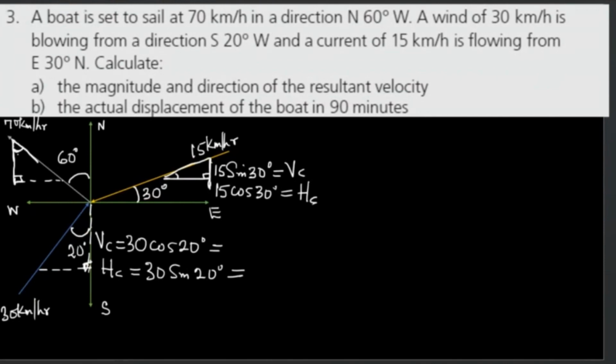So because adjacent is there, this is going to be cosine. It's going to be 70 cos 60 degrees. That is for the vertical component. For the horizontal component, it's going to be 70 sine 60 degrees. That's how it's going to look. You understand what I'm doing? Yes, sir. It's different from yours.